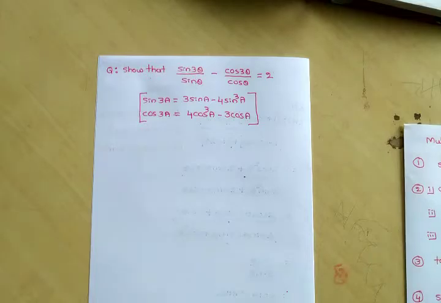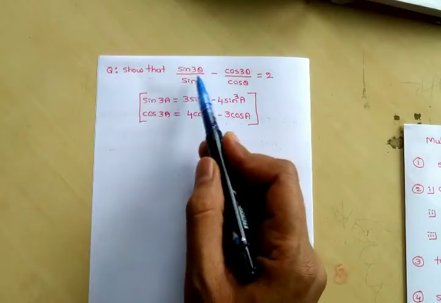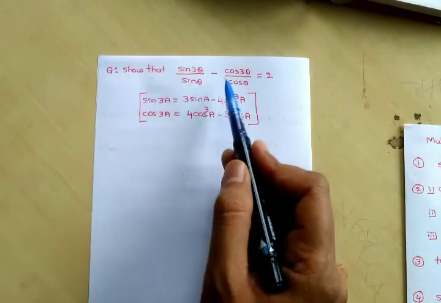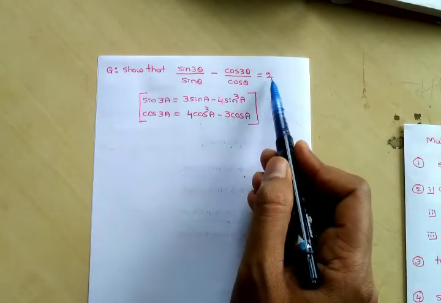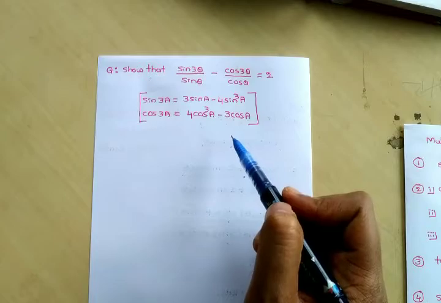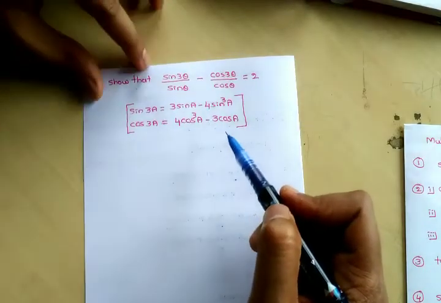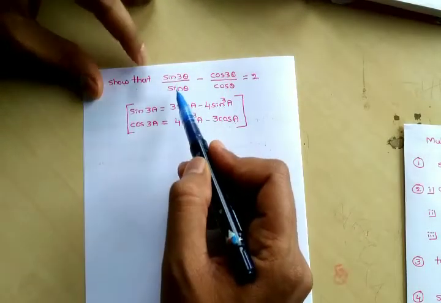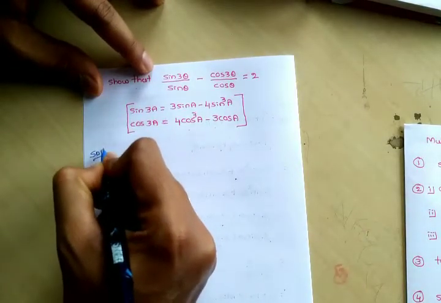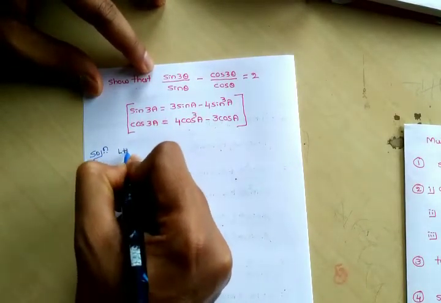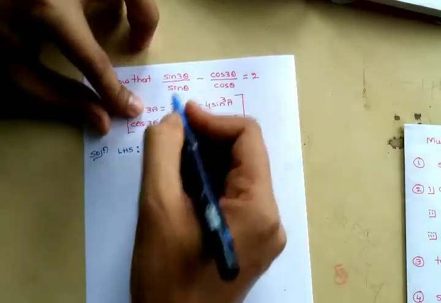Next question. Show that sin 3 theta divided by sin theta minus cos 3 theta divided by cos theta is equal to 2. So again here I am going to take the left hand side, then I am going to show that it equals the right hand side. So solution, first I am going to consider the left hand side.